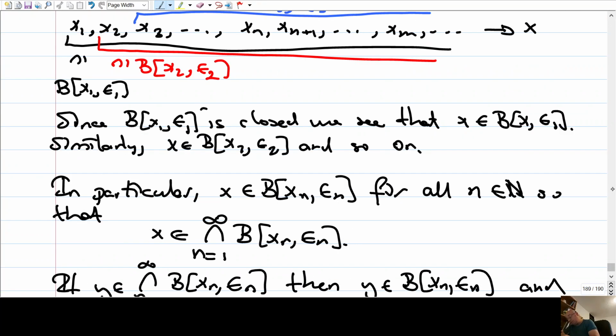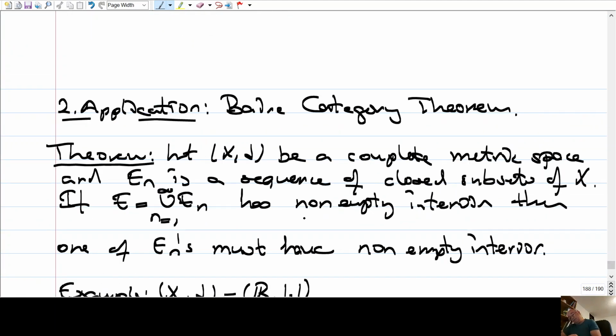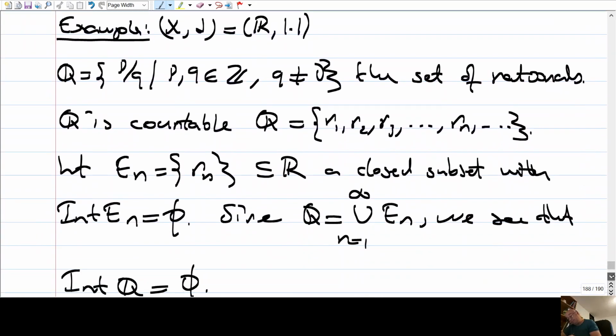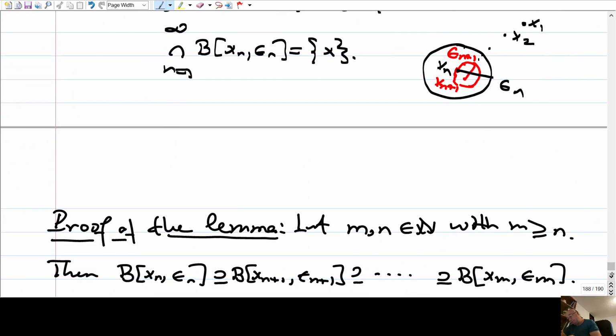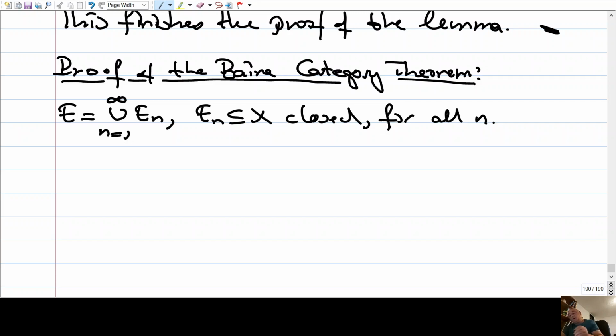And by assumption, what was the assumption? These are closed subsets whose union is equal to X. Each En is a closed subset for all n. And let's assume that the interior of E is not empty.